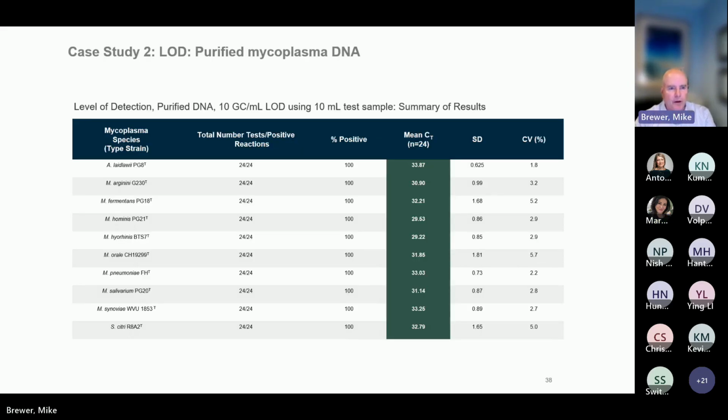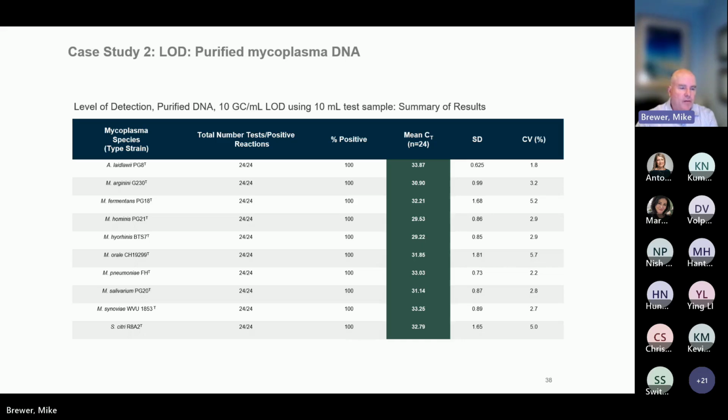The second part, and this is the real important part, is the LOD. This is section 1, purified Mycoplasma DNA. Again, purified DNA was spiked into a lysate created from a 10 ml sample of the CHO cells.